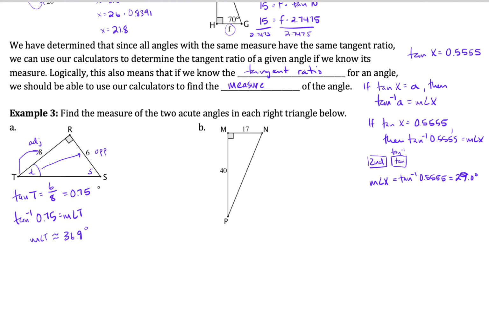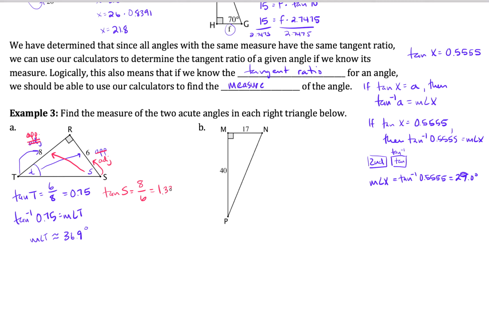Now for this problem I'm going to do the same thing with S. I'll switch colors real quick. Now for S, the 8 isn't the adjacent anymore. Now it's the opposite, and the 6 is no longer the opposite, it's the adjacent. So the tangent of angle S would be equal to the opposite, which is 8, over the adjacent, which is 6. So 8 divided by 6 doesn't come out quite as nice and neat as 0.75.